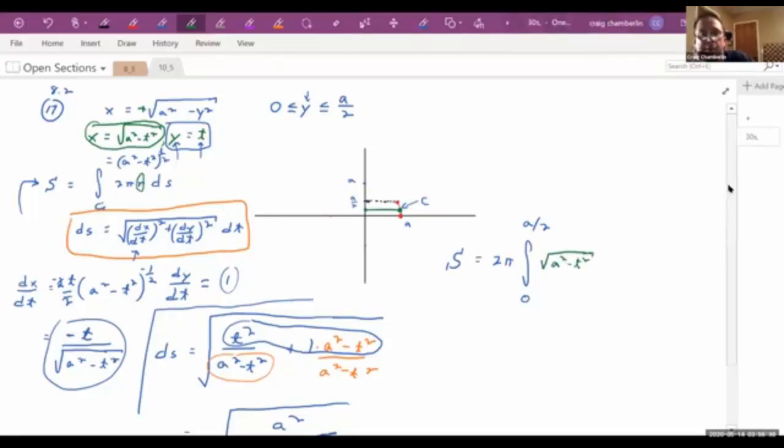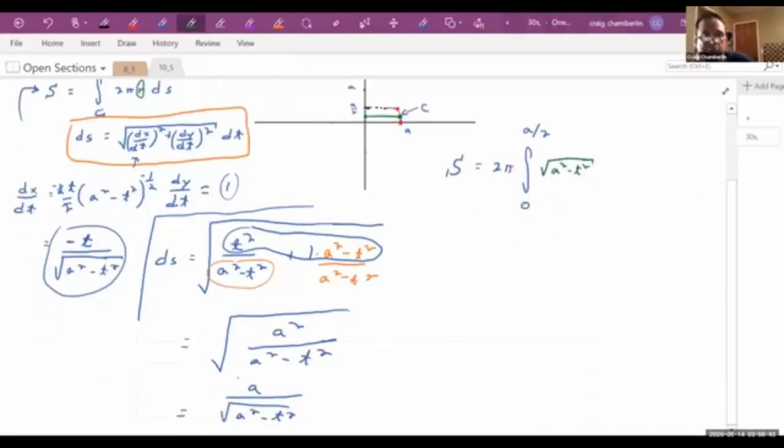But that's not bad news because look, in the denominator of ds, and by the way, if we're really going to call this ds, I suppose we need a dt on the end, don't we? A little bit of symbolism mop up there. Look, the denominator of that guy has a square root, so good things are going to happen. So when we stick in the ds, we get a over the square root of a squared minus t squared, and then a dt right there.